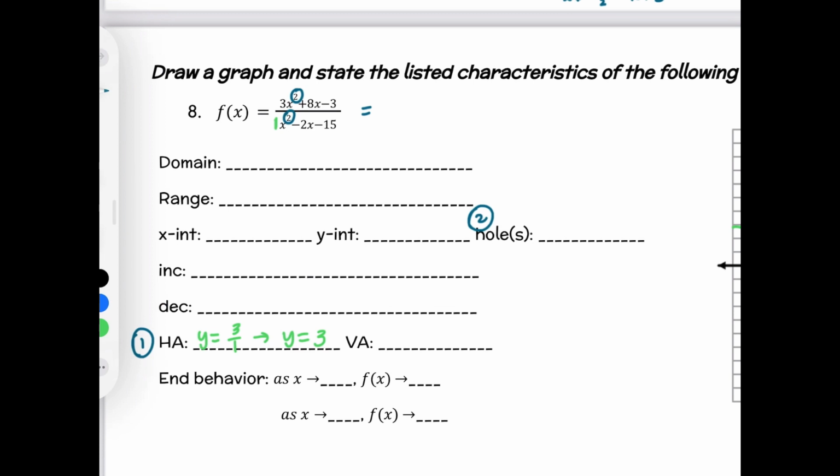I would pause the video and factor on your own and check to see if you got the same thing that I did. But when you factor this, you would get 3x minus 1 times x plus 3 over x minus 5 times x plus 3. What we're looking for is, do any of our factors cancel?